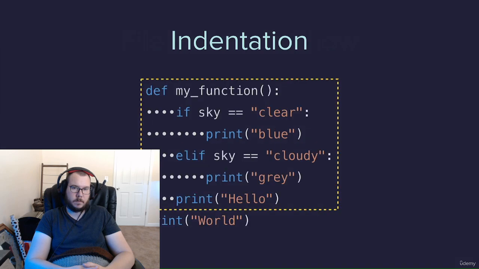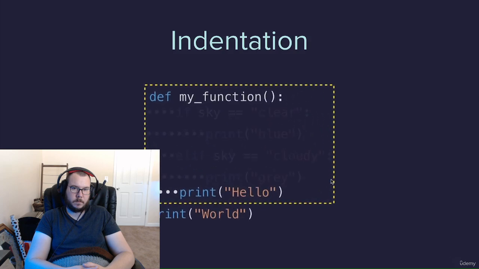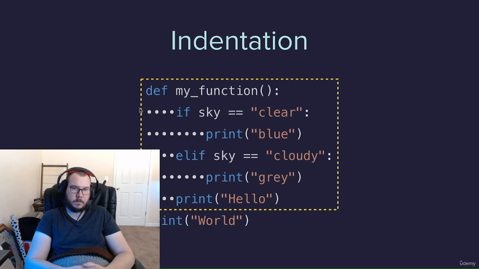Now the indentation gets a little bit more complicated when we have other blocks of code. For example, the if, elif, else statements have blocks of code which need to be indented to be inside the block. For loops need to be indented to be inside the loop. And it's very important that you get used to looking at blocks of code like this. So if we were to expand our simple my function and add a whole bunch of code into it, then we would have to indent all of those lines of code by 4 spaces, represented by the 4 dots here.